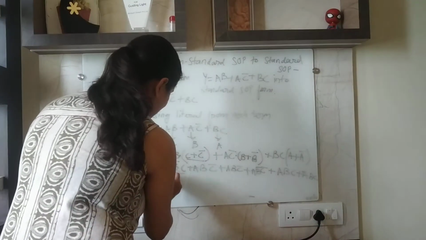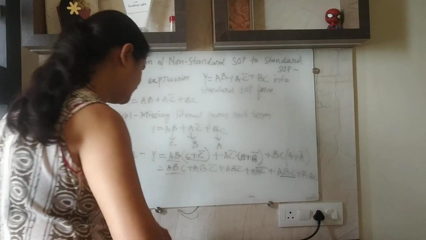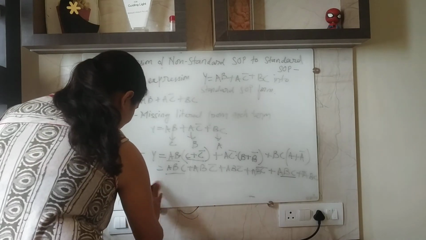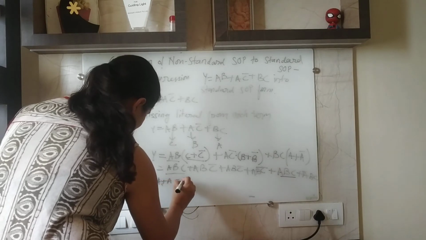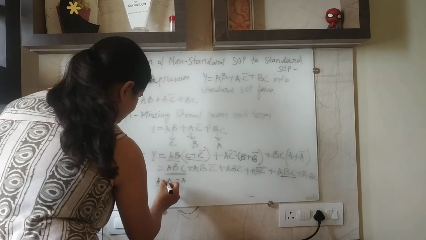You can see here that this ABC term is repeating in the equation, right? So here the Boolean law is A plus A equal to single A, right? Means for this we consider ABC and for this we consider ABC.